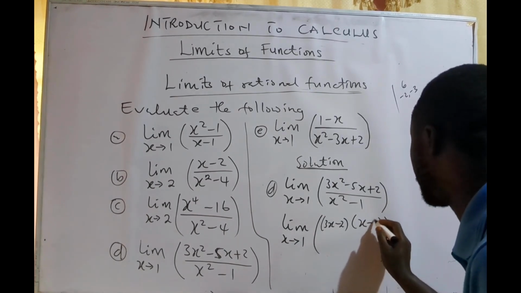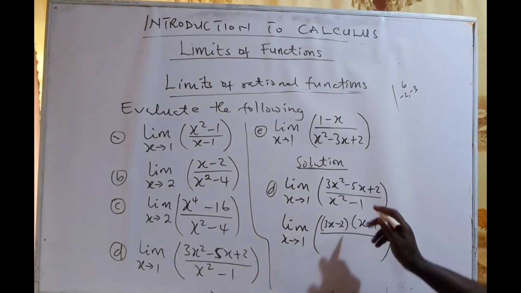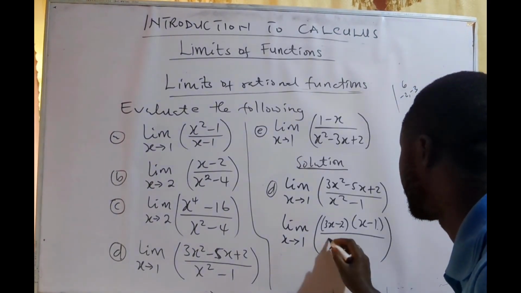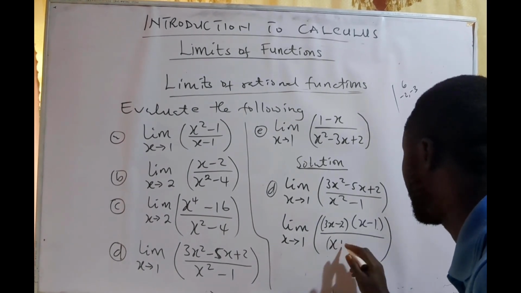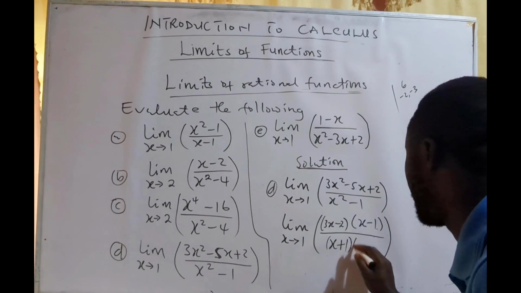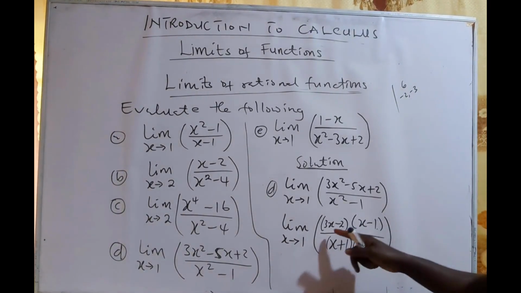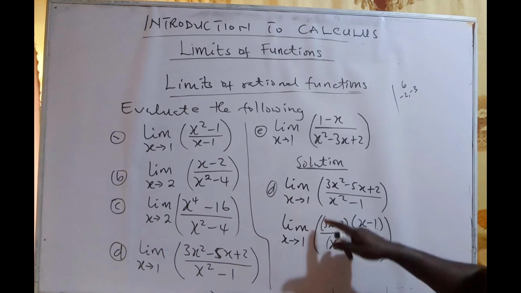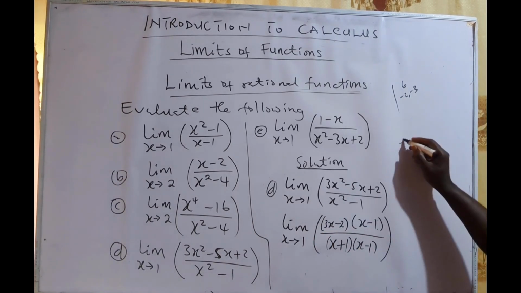so here will also give us s minus 1, and then this is also s squared minus 1, which is difference of two squares, so we can get s plus 1 and then s minus 1. So check, you see the numerator, when you multiply 3s times s will give me 3s squared. 3s times minus 1 will give me minus 3s.